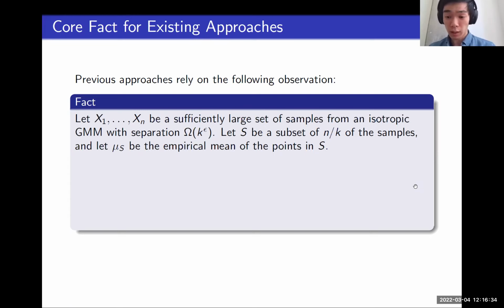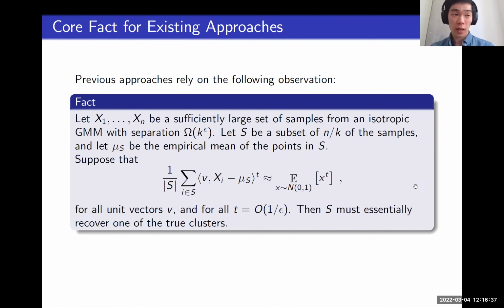The claim says that if the degree 1/epsilon moments of the subset of samples match those of a standard Gaussian, then the subset must essentially be one of the true clusters. Does that make sense?